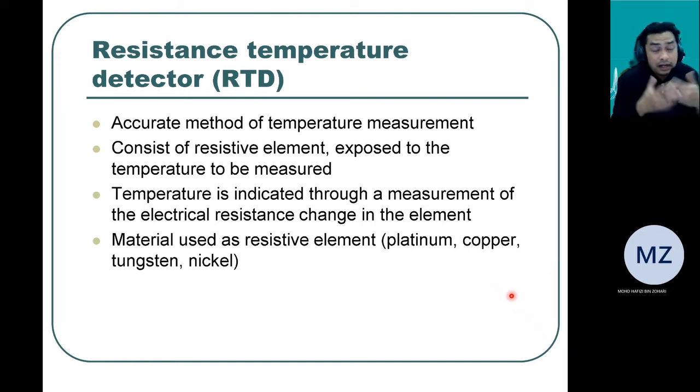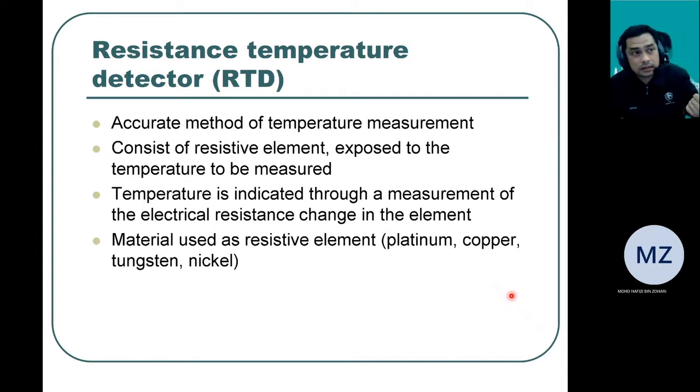If we have a very high accuracy, we can say it's high accuracy. It depends on the spec sheet of the sensors. For this one, we need to look at the mechanism, how the resistance can be used as a temperature sensor or measurement.